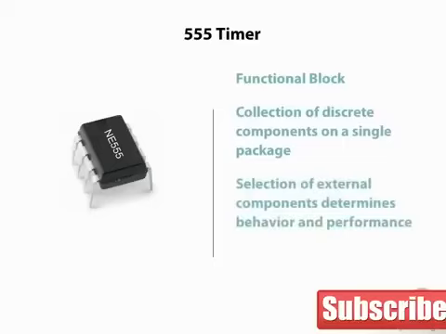A strategic selection of a few off-chip components can give functional blocks very powerful uses. The 555 timer is an extremely useful little device, and it can operate in two modes. One is astable, and the other is monostable. We're going to wire the 555 in a basic astable configuration and use the output to control the flashing of an LED.